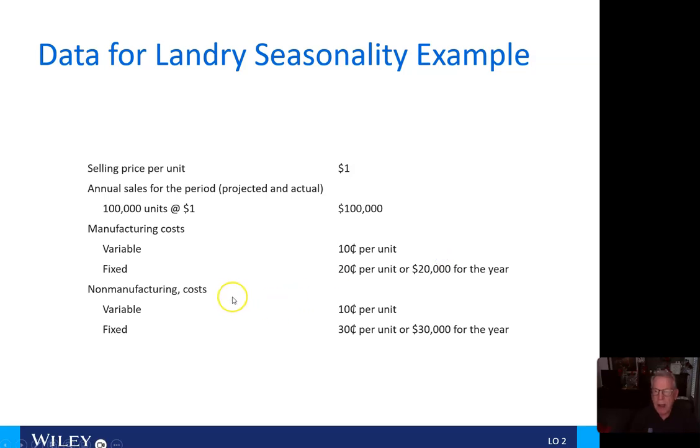The non-manufacturing costs are variable for 10 cents per unit, but also 30 cents per unit, or $30,000 for the year's fixed costs.